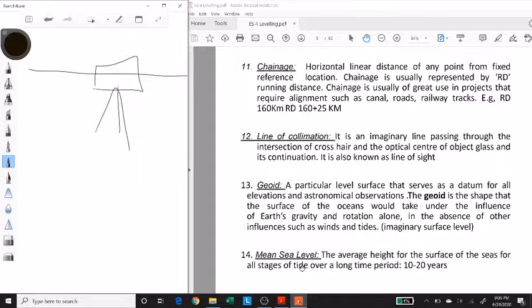What we use in survey is the mean sea level, which is the average height of the surface of seas for all stages of tide over a long period of time, 10 to 20 years. So, since the surface level of seas and oceans keeps on changing due to tides and waves, the average height over a long period is called mean sea level.